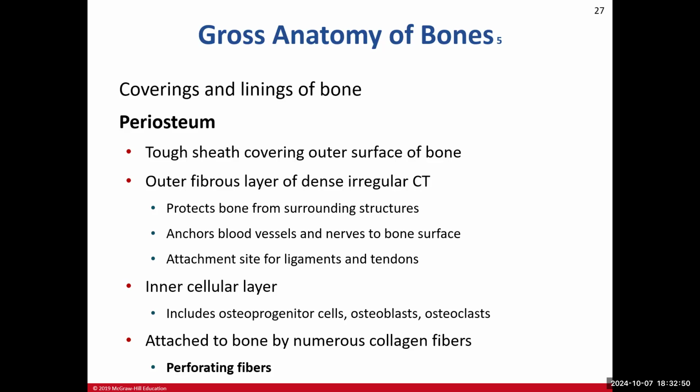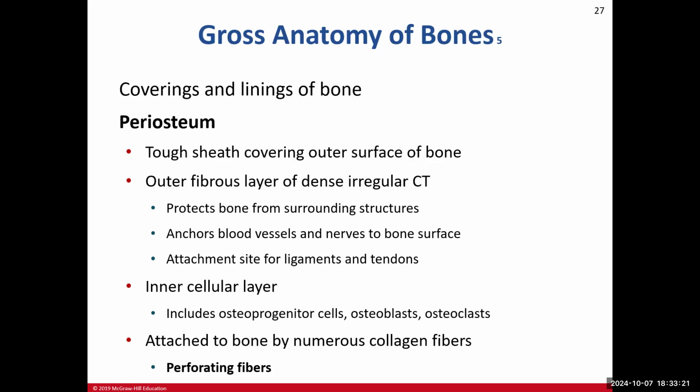We said this in chapter 5 when we were talking about tissues: one of the nice things about dense irregular connective tissue is that it can sustain multiple stresses and forces, what we call multi-directional forces. So you can pull on dense irregular connective tissue in a lot of different directions, and it can handle that, which makes it the perfect covering for the fibrous layer of the periosteum.